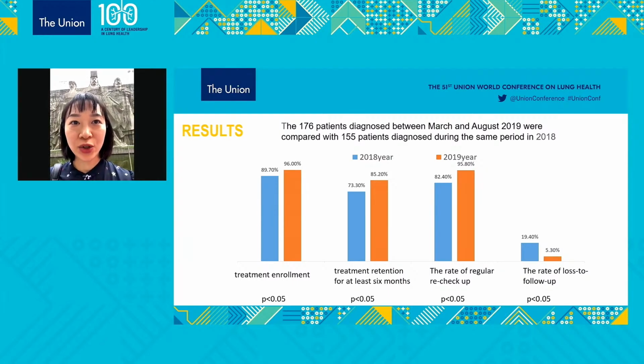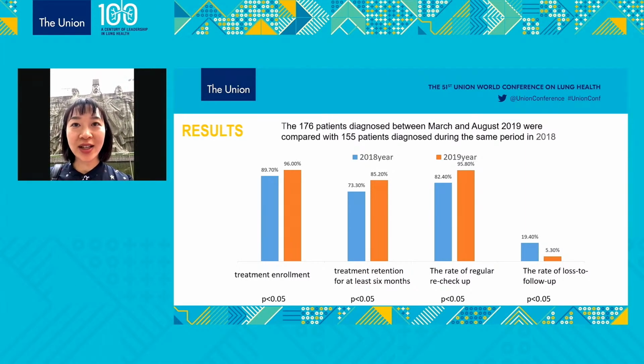By the end of January 2020, the 2019 cohort performed better in terms of treatment enrollment: 96% versus 89.7%. The treatment retention for at least 6 months was 85.2% versus 73.3%, and loss to follow-up was 5.3% versus 19.4% as of January 2019.